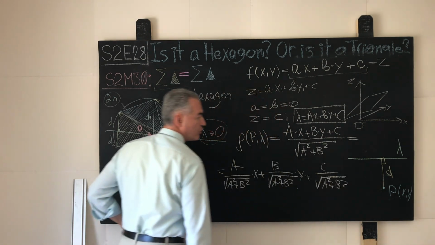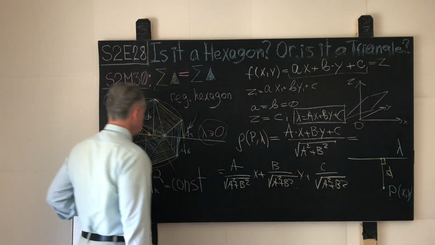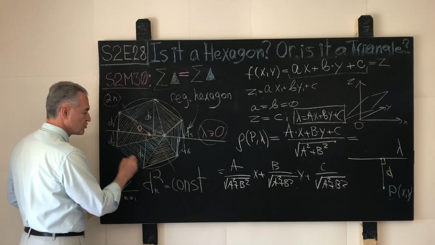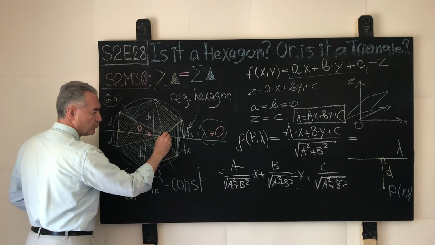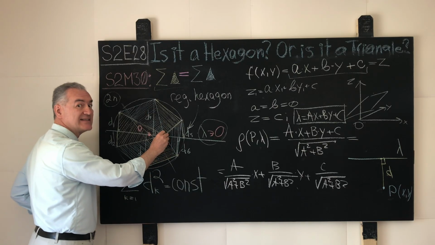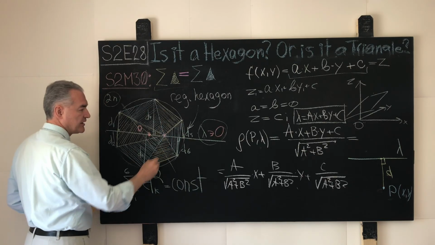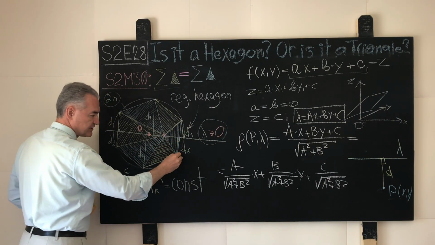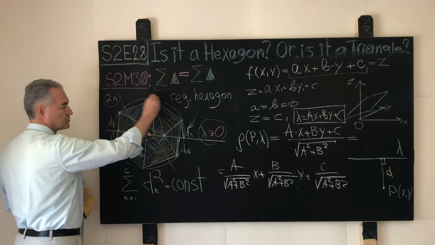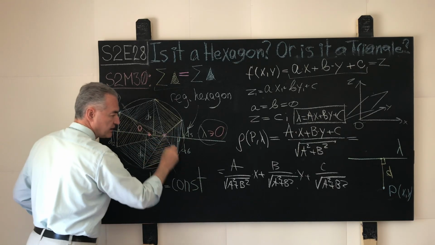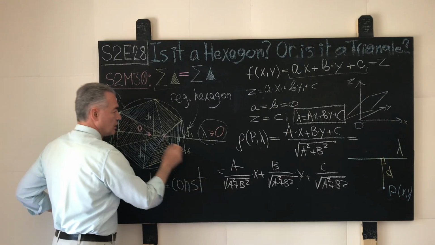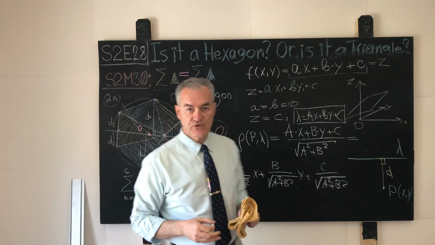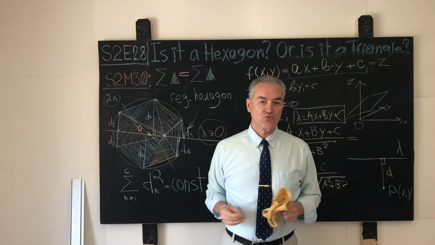All the time the point P is located on the same side of all the straight lines, because the point P is located inside of a regular hexagon. This point is on the same side of this straight line, on the same side of this straight line, and so on. And by applying this idea to this configuration, we will precisely prove the statement of the problem S2M30.